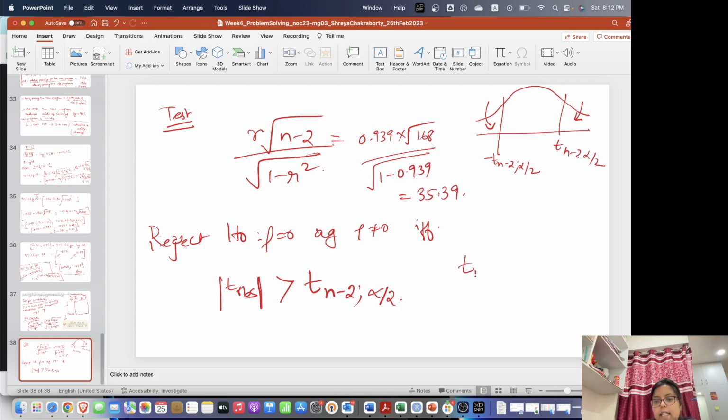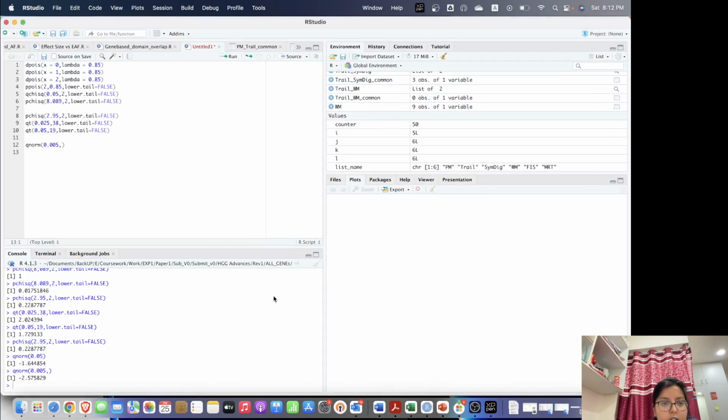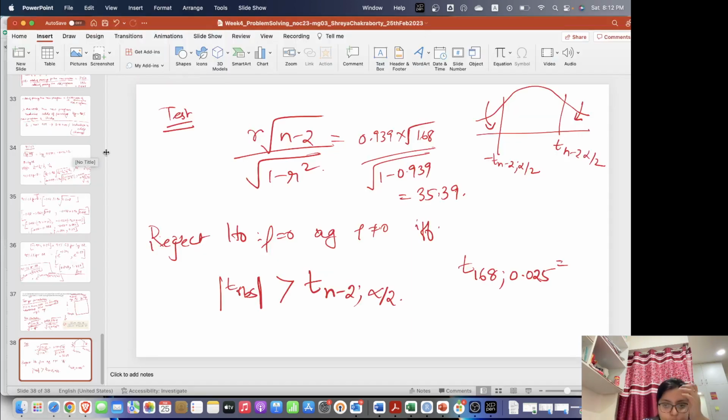Okay, and t168, 0.025 will be 1.97. You can get the values from the table or some software.